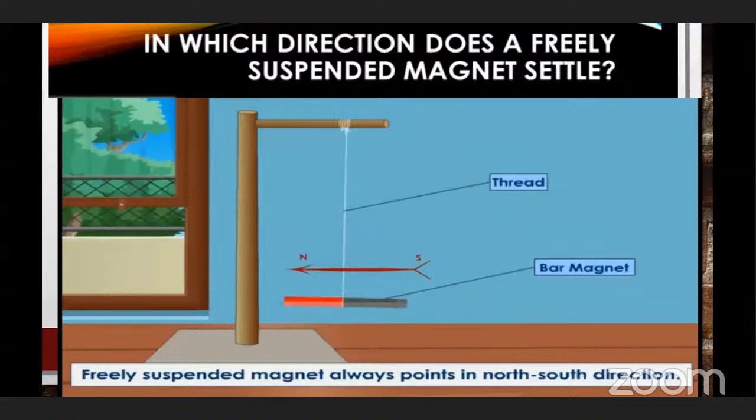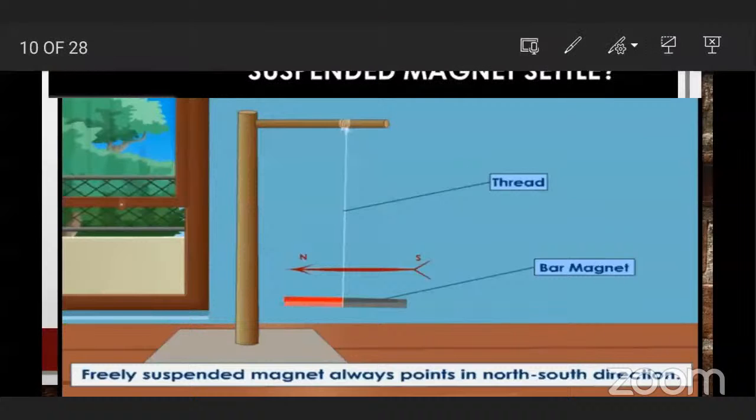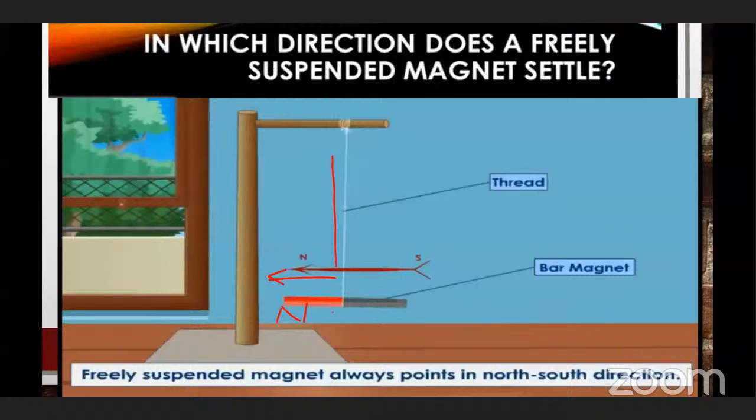If we suspend a magnet freely, like this, you can see in this picture, the freely suspended magnet always points in the north-south direction. This is the north direction and this is the north pole of the magnet. So it always settles in the north-south direction.